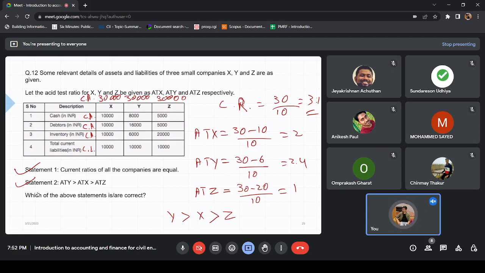So which of the above is going to be generating more profits? The person with more inventory can sell more, no? Think in basic terms. Inventory means he has more stock. More stock means more can be sold, so more profits.